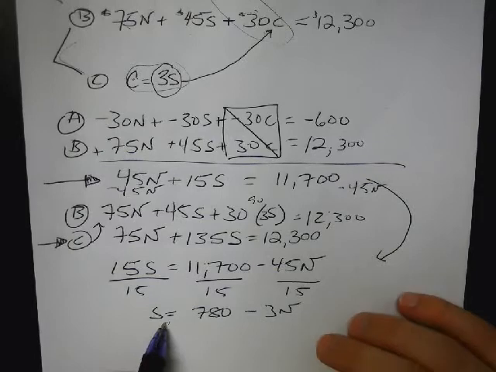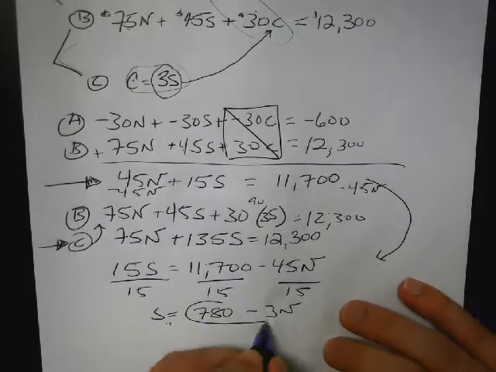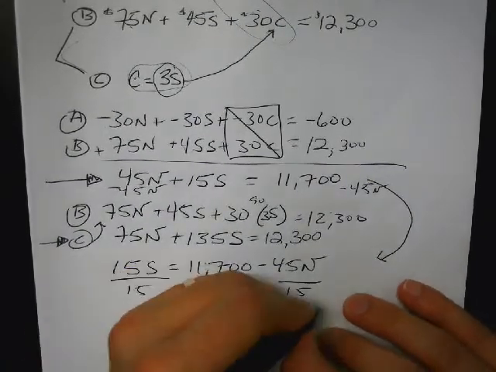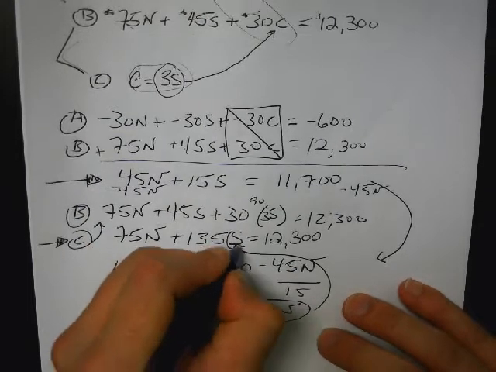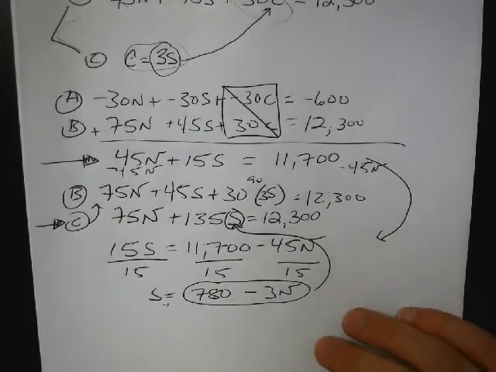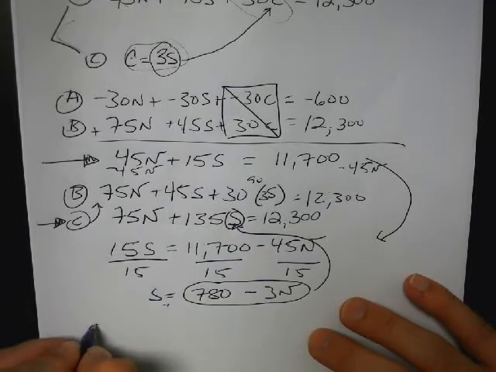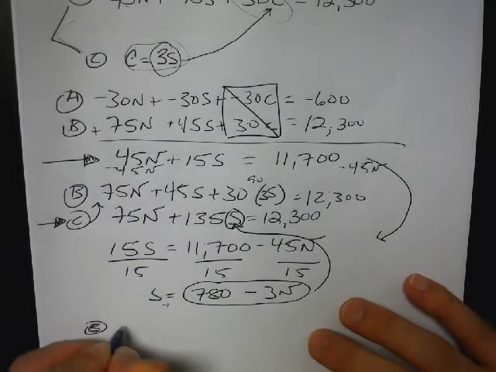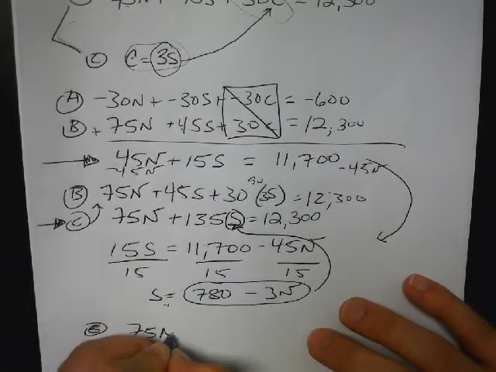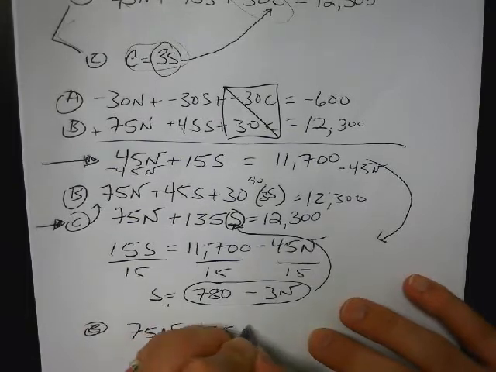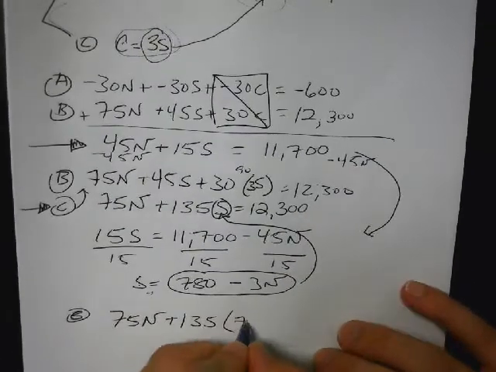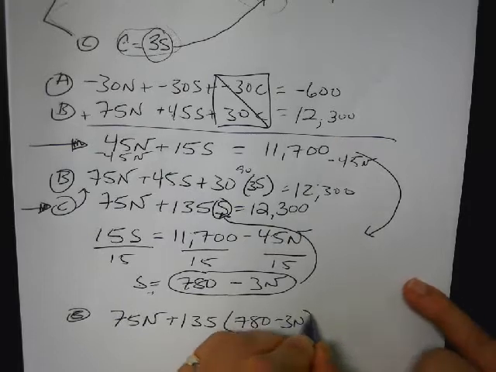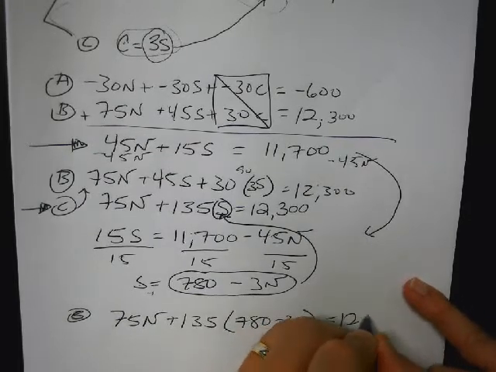Now that I know this information, if I know what S equals, I'm just going to take it and substitute it right into my other equation S variable. So I'm going to have 75N plus 135, and instead of S, I get to write 780 minus 3N equals the 12,300.